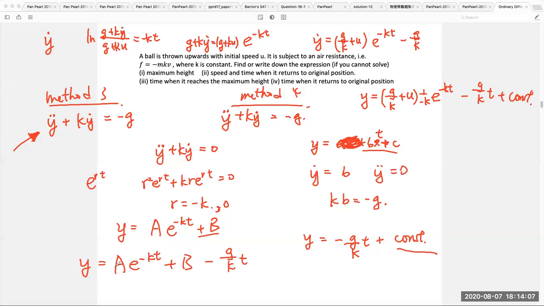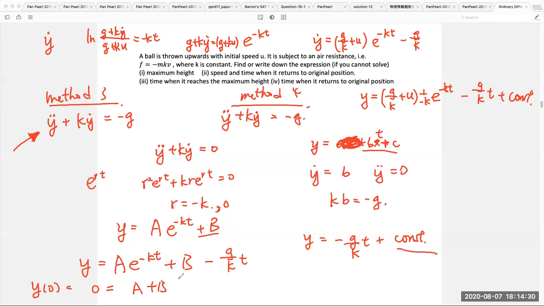You want to find this constant, so you substitute t equals 0 and y equals 0. Then you get A plus B equal to 0.